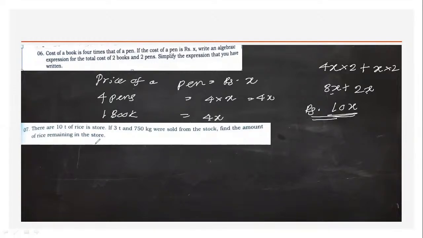There are 10 tons of rice stored. 3 tons and 750 kilograms were sold from the stock. Find the amount of rice remaining in the store.